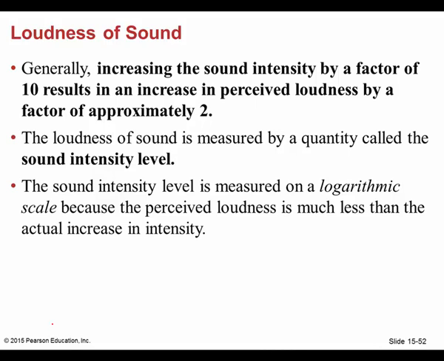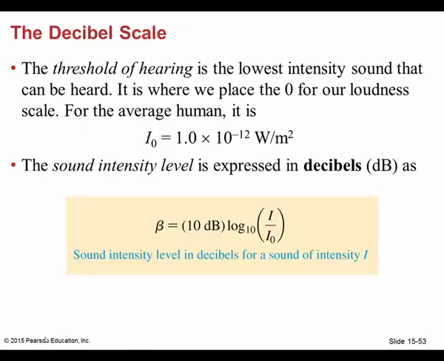Now, what about loudness of sound? Loudness of sound, in other words, what we talk about is decibels. Increasing the sound intensity by a factor of 10 results in an increase in perceived loudness by approximately 2, and we call this a sound intensity level. By the way, this is a logarithmic scale.